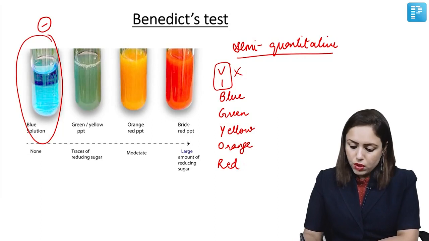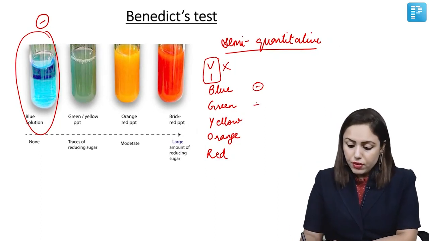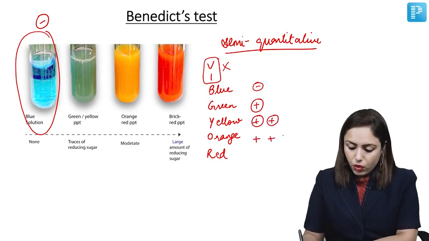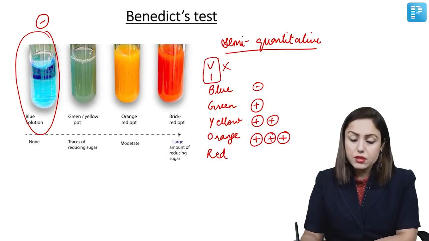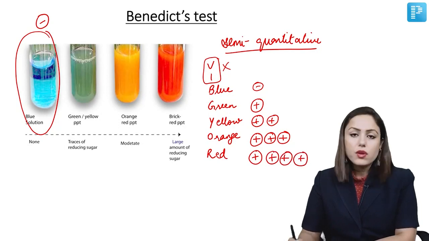Okay, so blue means negative. If green color comes in solution, then 1 plus. If yellow, then 2 plus. If orange, then 3 plus. This is the amount of sugar which is present. Red means 4 plus, right?